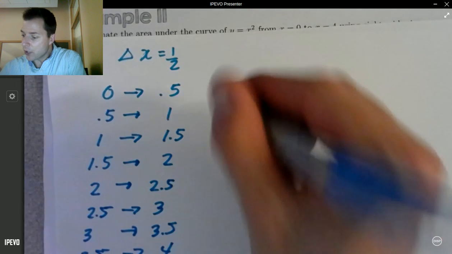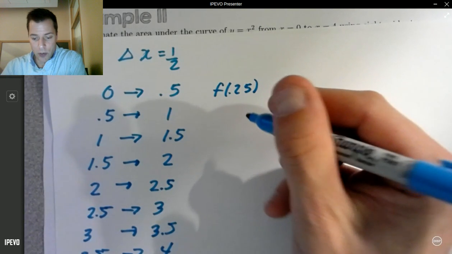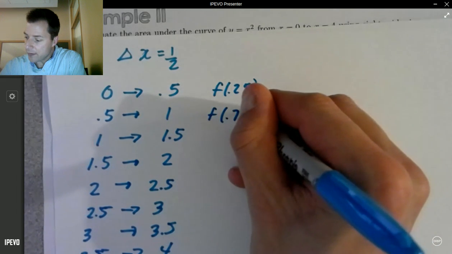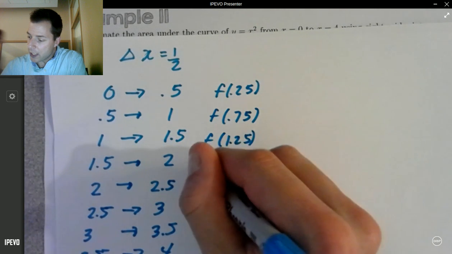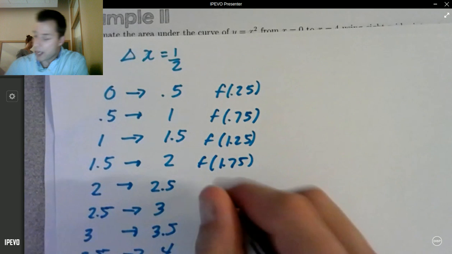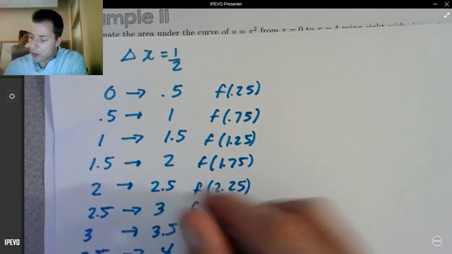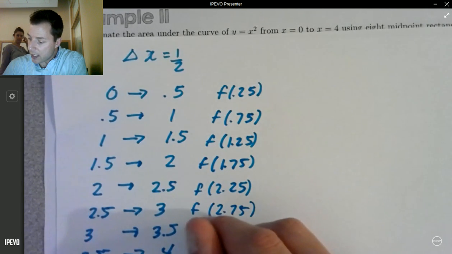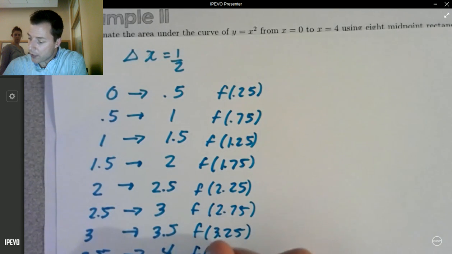Then 0.75, then 1 1/4, and then 1.75. Halfway between 2 and 2.5 is 2.25, and then halfway between 2.5 and 3 is 2.75, and then 3 1/4 and 3.75.